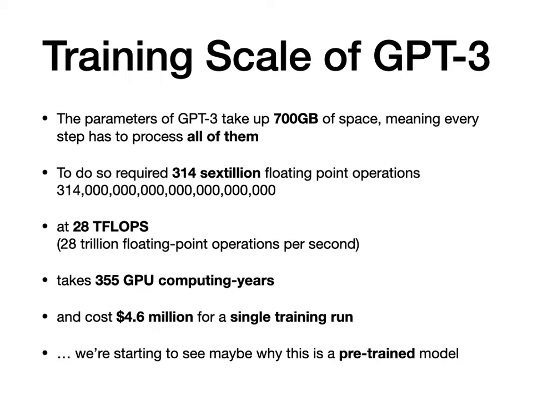But when you just run the operation costs, the electricity costs of building this thing, it's $4.6 million just for a single run of training on the corpus. Like I said, there's a reason it's a pre-trained system and not something that you're able to just arbitrarily shove new learning material into.